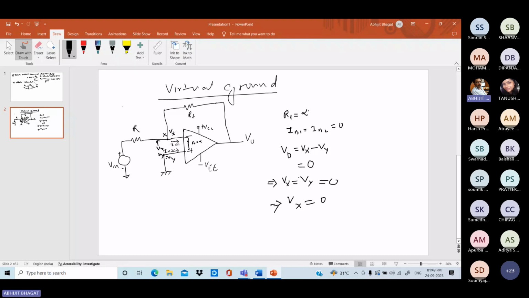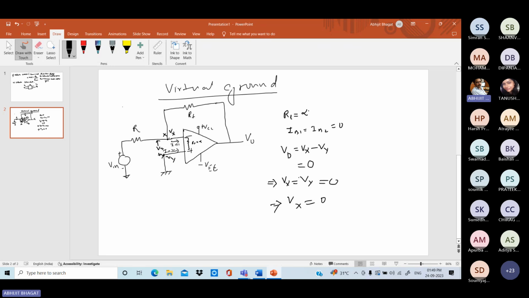So here you can see, although this X terminal is not directly connected to ground, the voltage at this terminal is 0. So it is called virtual ground. Your node X is virtual ground.